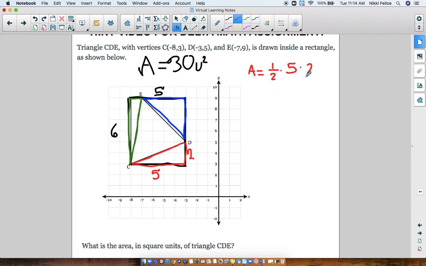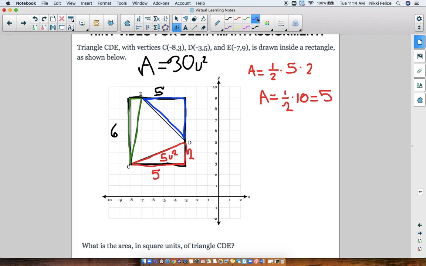Well, 5 times 2 is 10, so now you're just doing 1/2 times 10, which is nice and easy because half of 10 is 5. That means the area of the red triangle is 5 units squared. I can even put 5 in here, 5 little units squared. I put the U for units, I'm just abbreviating because I don't have a lot of room.